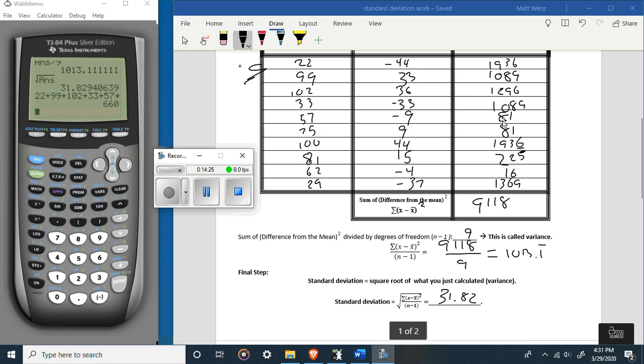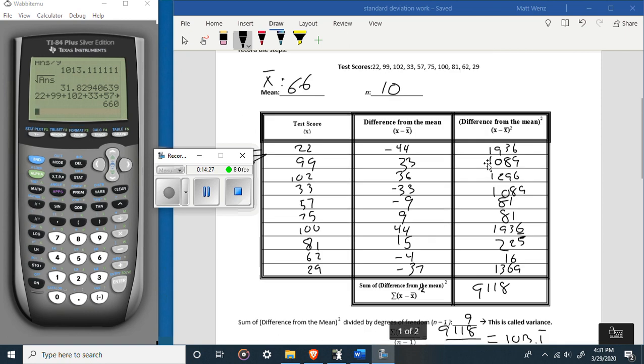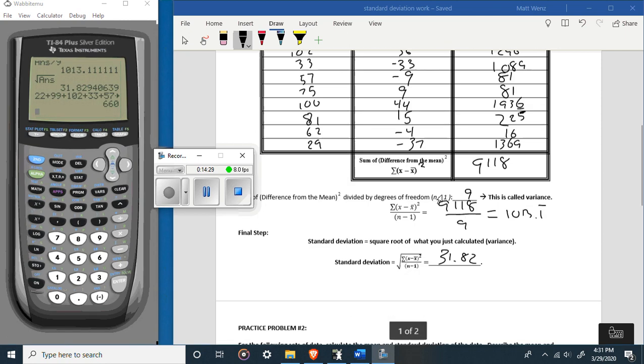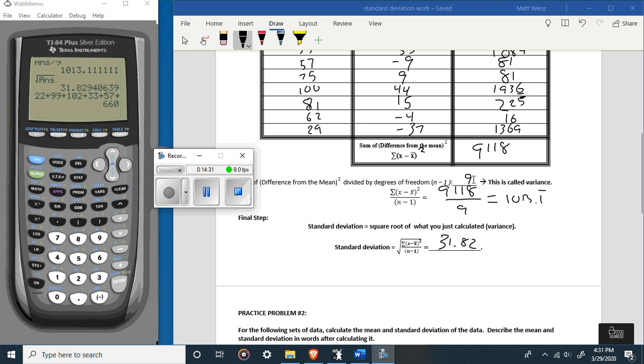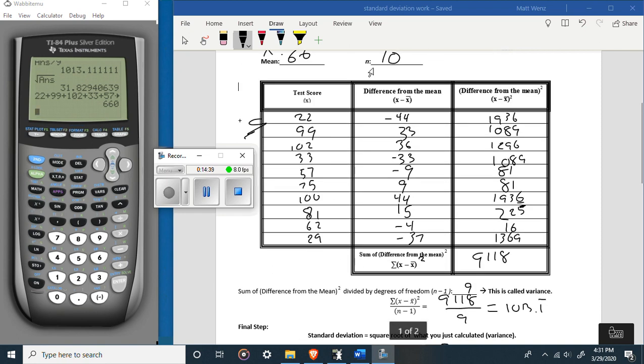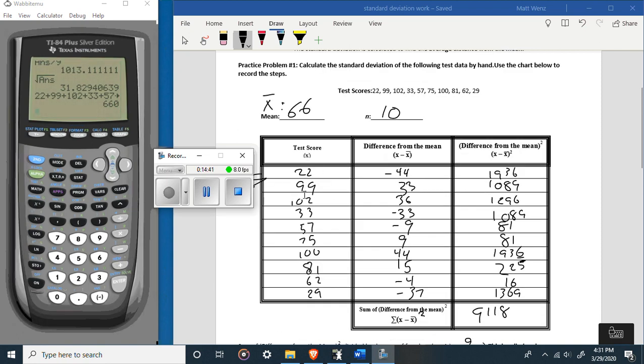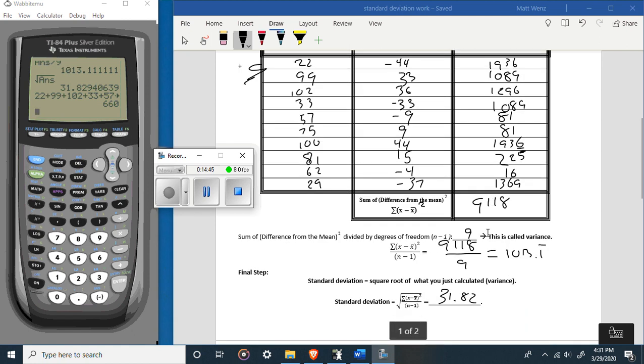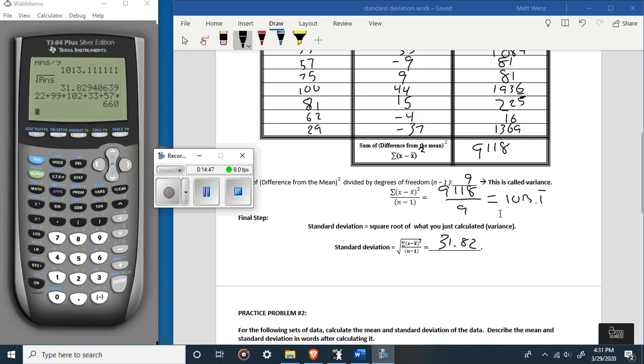We divided by 1 less than this number, so not 10, we divided by 9. We divided by the degrees of freedom and got the variance. And we took the square root of that number. So again, what did you do? Take the numbers, subtract the mean, square it, add them together, divide by n minus 1, take the square root.